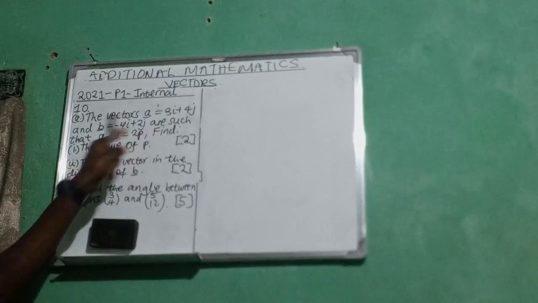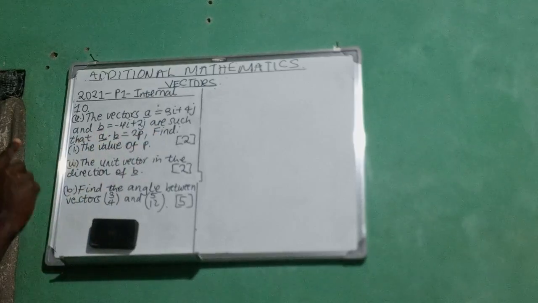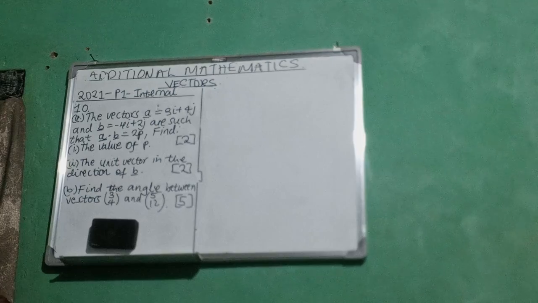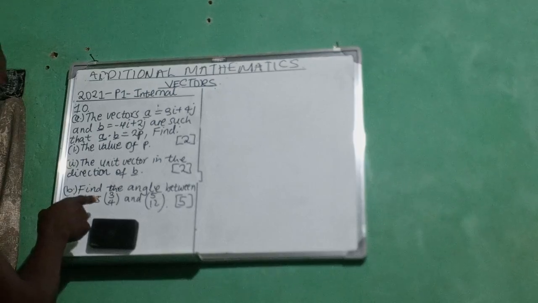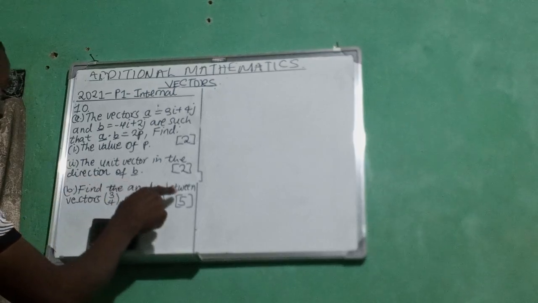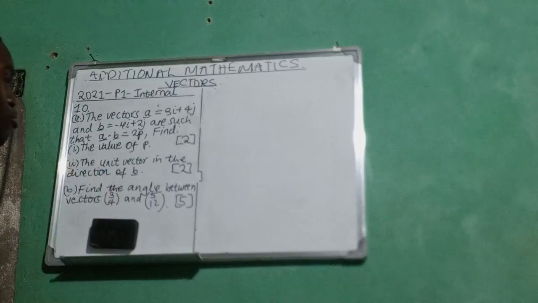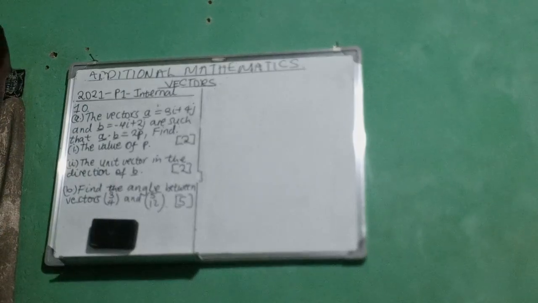They want us to find the value of p. That question is worth 2 marks. Question 2, the unit vector in the direction of B. Then B reads, find the angle between the vectors 3, 4 and 5, 12. Let us start with A.